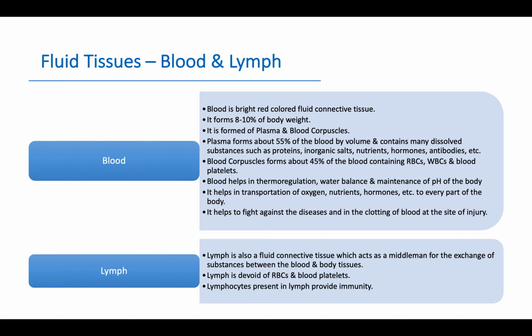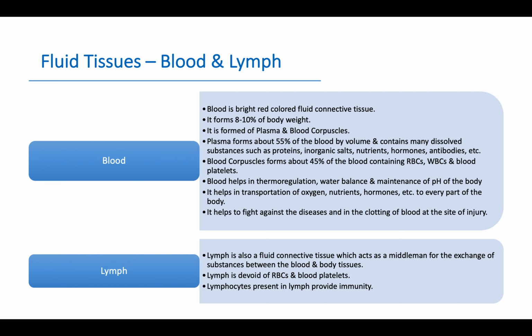Plasma forms about 55% of blood by volume and contains many dissolved substances such as proteins, inorganic salts, nutrients, hormones, antibodies, etc. Blood corpuscles form about 45% of the blood, containing RBCs or red blood cells, WBCs or white blood cells, and blood platelets.